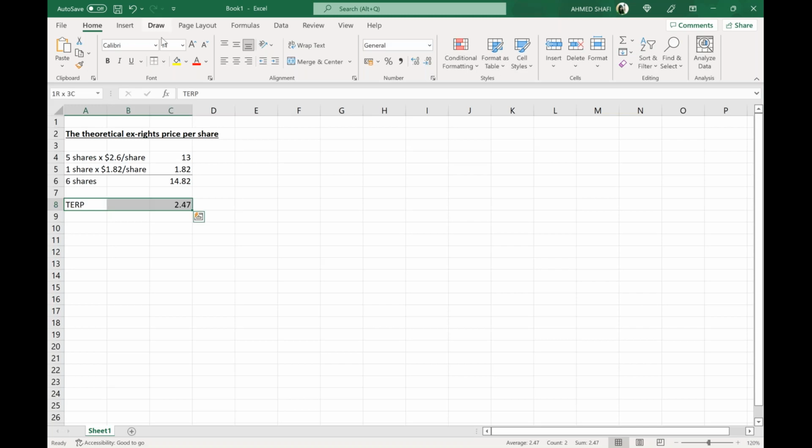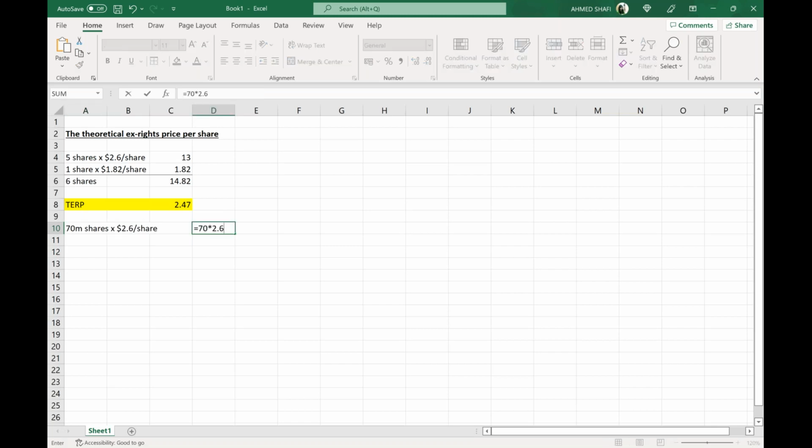You can say the company has 70 million shares. Each share is trading at $2.6 per share. So 70 million shares multiplied by 2.6, this is the old value. And the company issued 14 million shares at 1.82 per share.